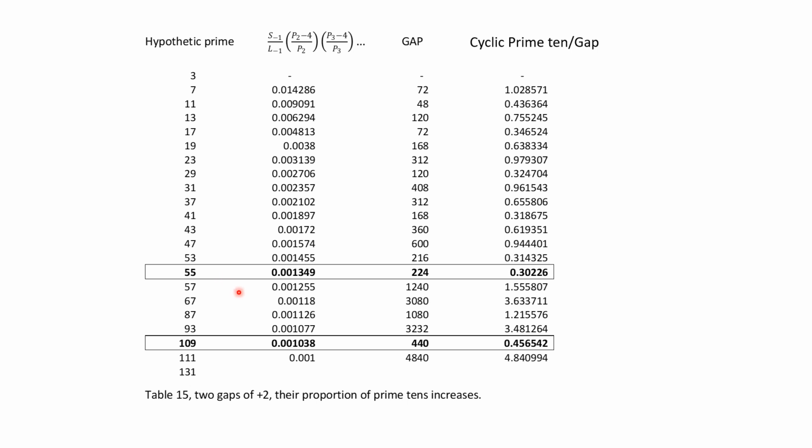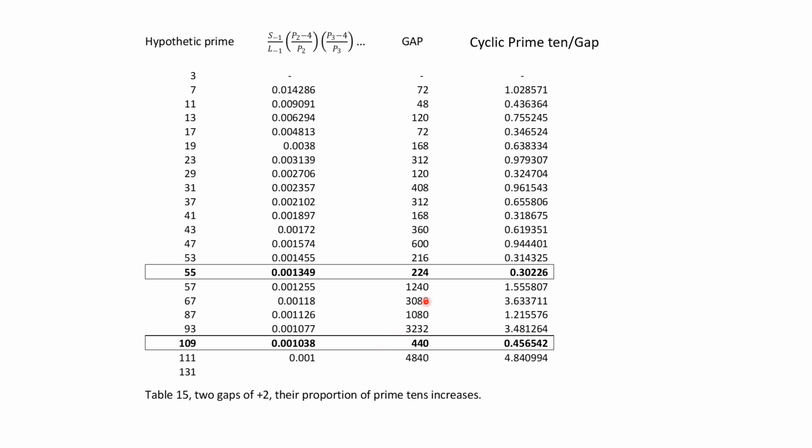And we have two gaps of +2, because 55 to 57 is a separation of 2, and 109 to 111 is a separation of 2. In the middle they have other, bigger gaps. From 57 to 67 is +10, then +20, then +6, and then from 93 to 109 is +16.